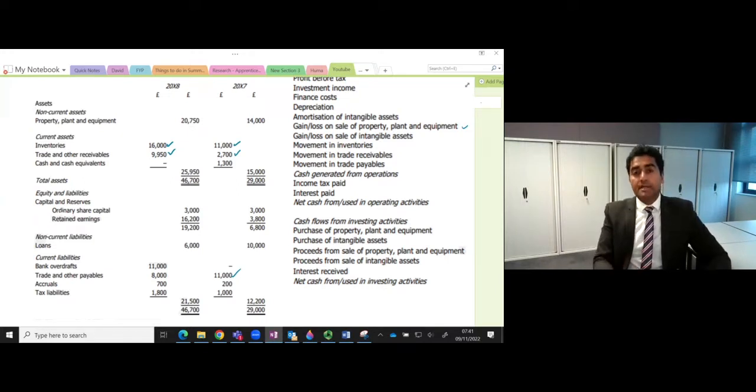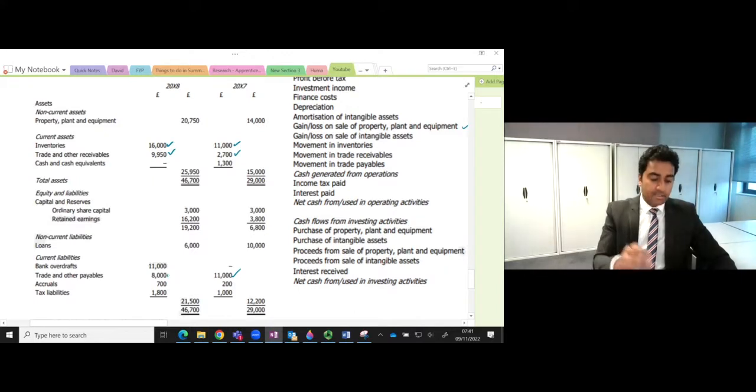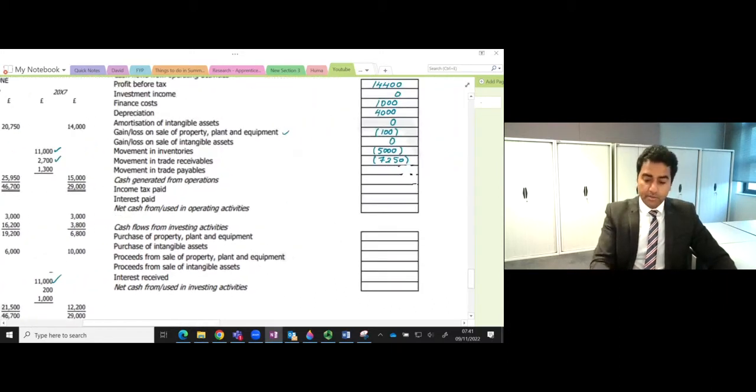And because we are preparing cash flow statement, we are only focusing on cash inflow and cash outflow. So the balance of payables have gone down from 11,000 to 8,000, and therefore I need to record it as a negative balance, and that is £3,000.